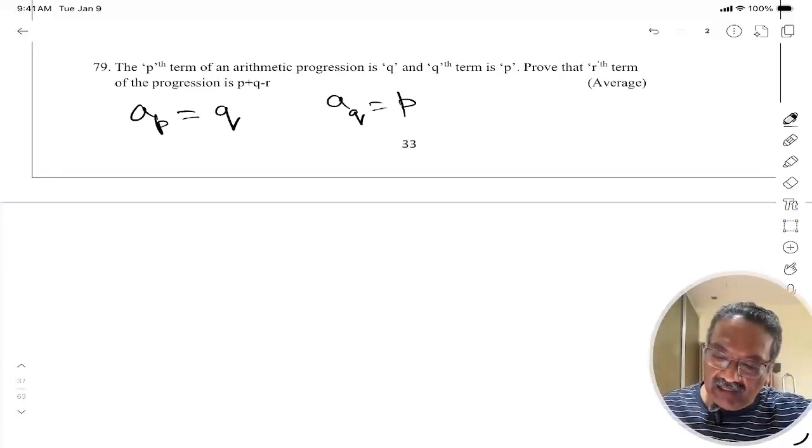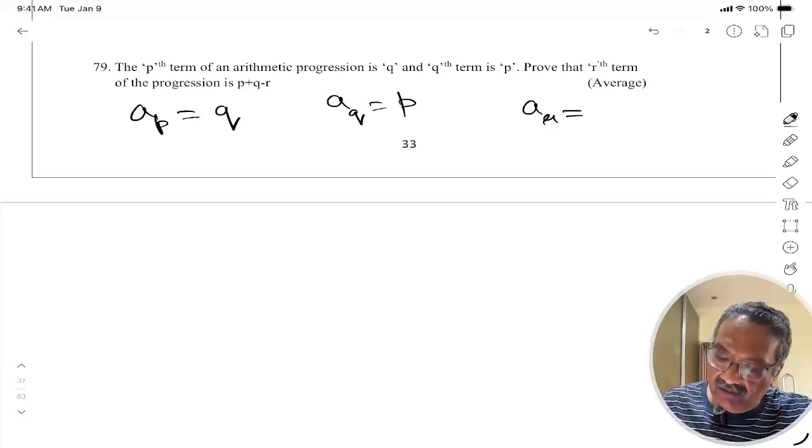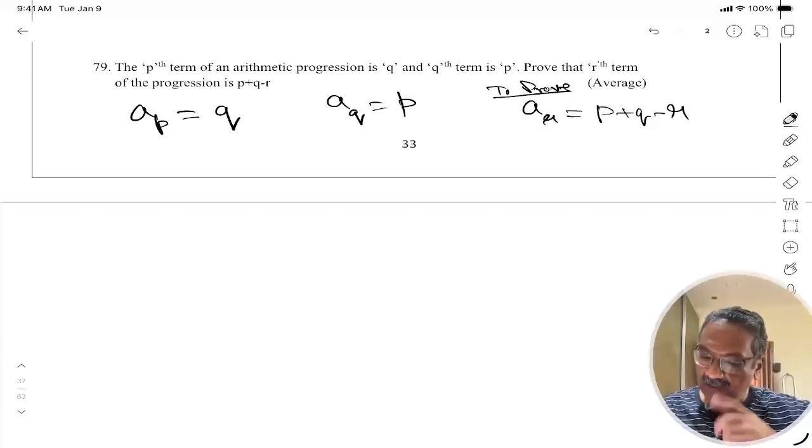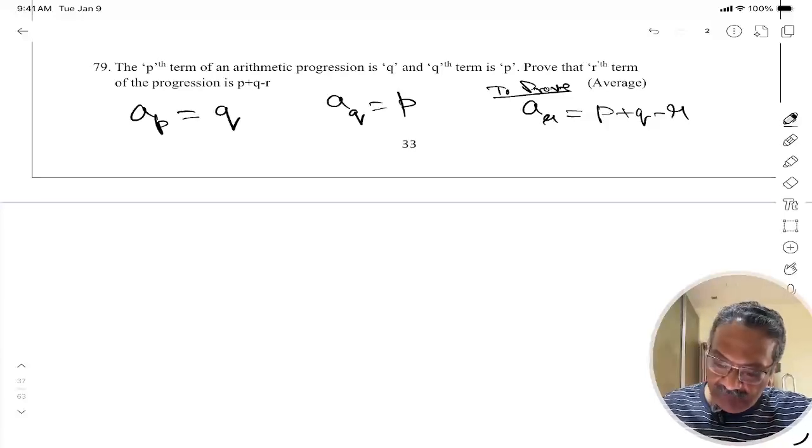Now prove that the rth term is P plus Q minus R. That is, we have to prove that Ar is equal to P plus Q minus R.